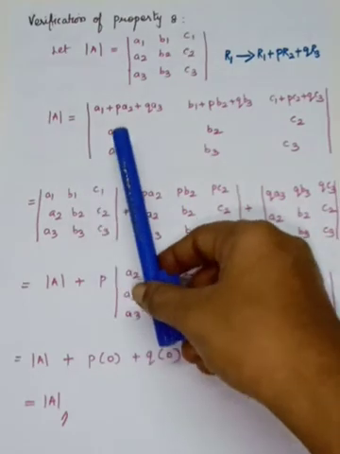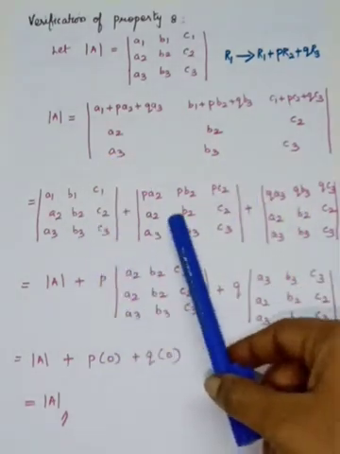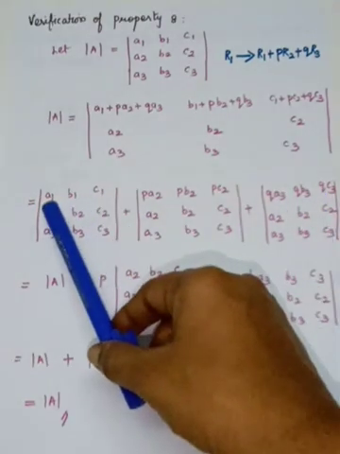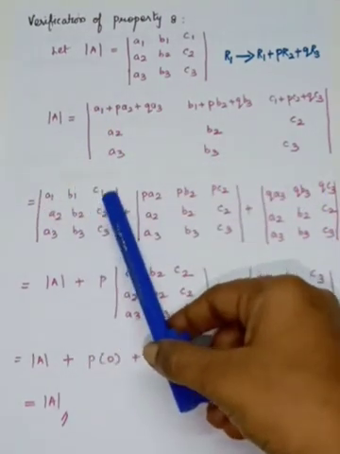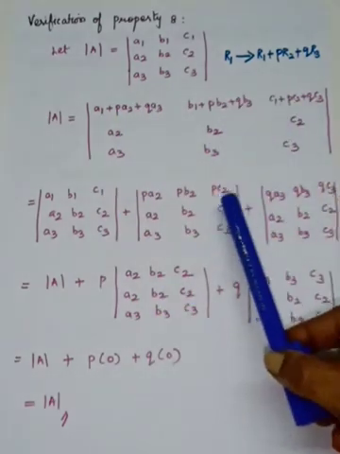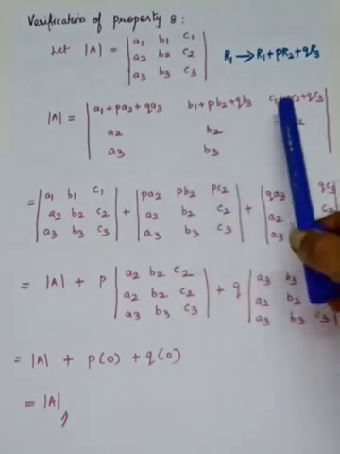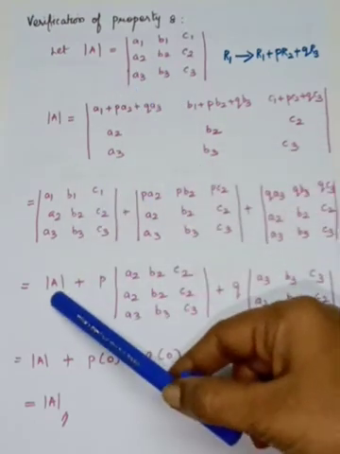The remaining second row and third row are not changed in the three determinants. Only the first row elements have changed. In the first determinant A1, B1, C1. In the second determinant you have PA2, PB2, PC2. In the third determinant, the first row is QA3, QB3 and QC3. So this is nothing but the value of the determinant A.